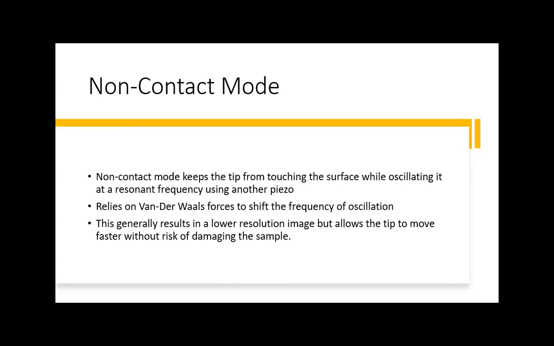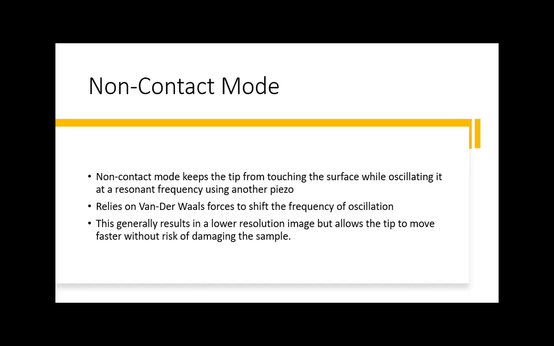Another big mode is non-contact mode. In this situation, we oscillate our cantilever at a resonant frequency, bringing it off the surface by somewhere on the order of 0.2 to 10 microns.